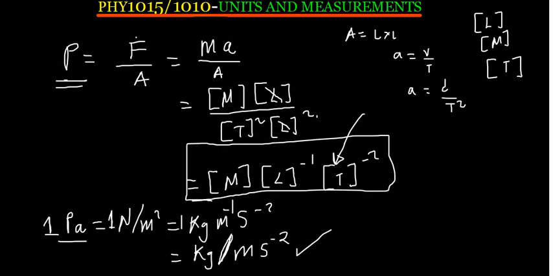That's why 1 Pascal ends up being equal to kg per meter second to the power negative 2. Actually, if I put per here, this option will be wrong. If I put per, the powers are supposed to be positive, not negative, because if I put per, it's the same as putting over. When something is in the denominator, the powers are positive.